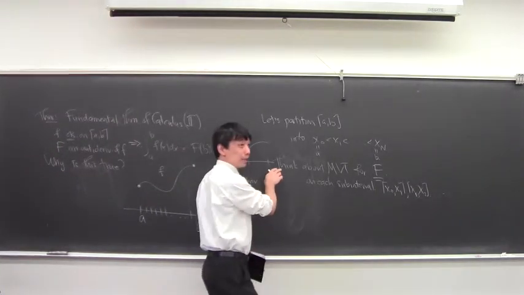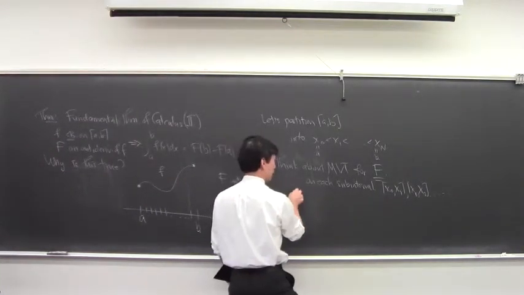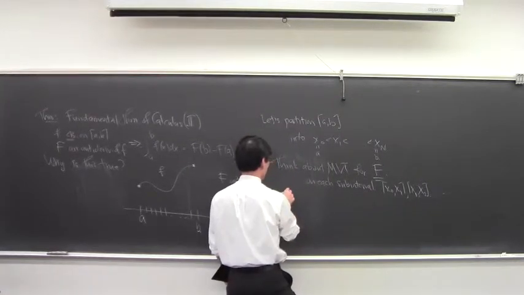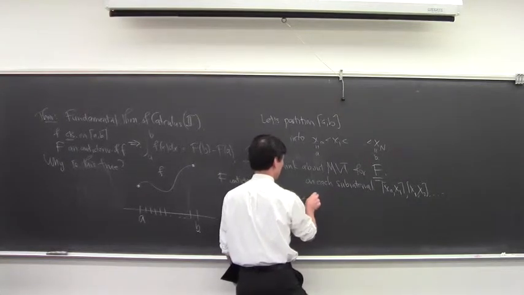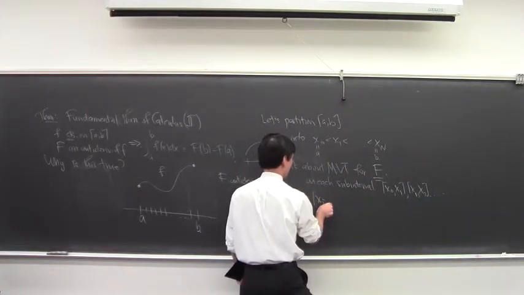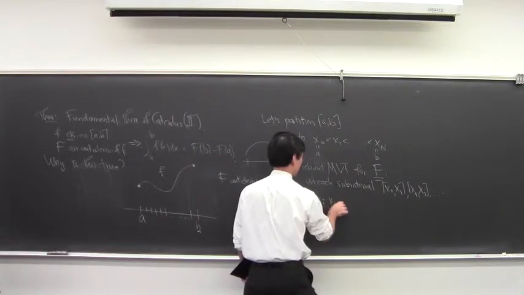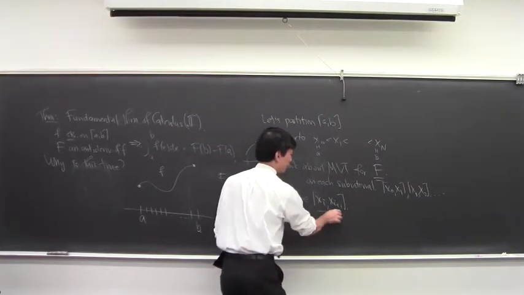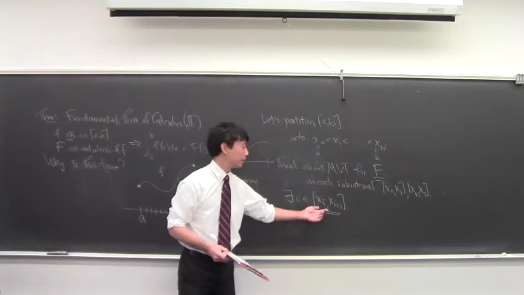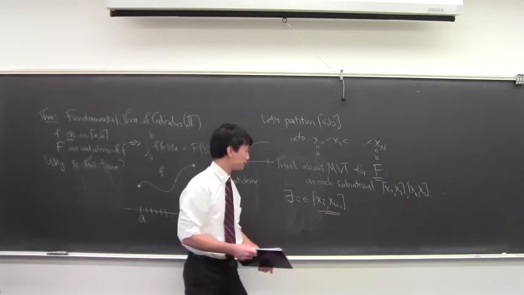Okay, slope of the tangent line, right? So there's a point c in [x_i, x_{i+1}]. For each interval, each interval is going to look something like this, x_i to x_{i+1}.